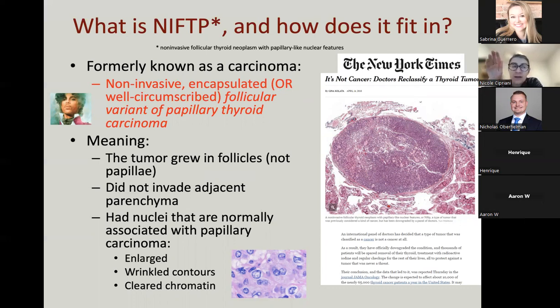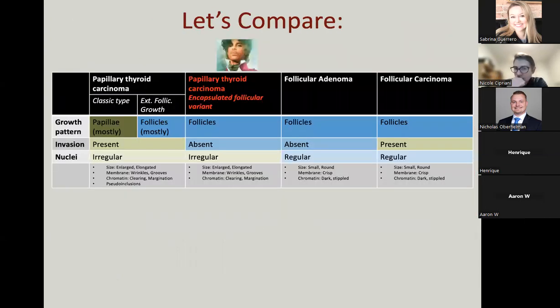But guess what? If it didn't invade the capsule, it behaved benignly. So retrospectively, these are no longer being classified as cancer because they don't behave like it. The formerly known as encapsulated follicular variant of papillary really no longer exists.